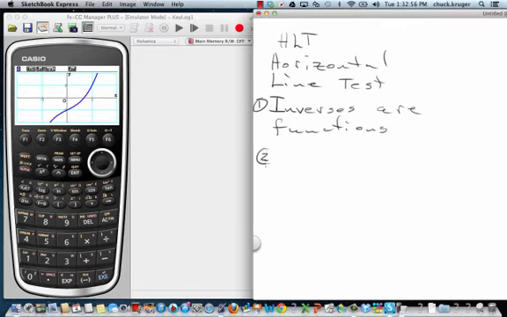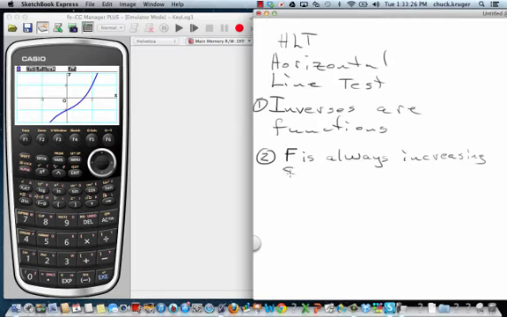Now, secondly, if I take a look at its derivative, this function f is always increasing. I mean, there's no turning around point. As soon as I turned around, its inverse would not be a function. So in this case, f is always increasing.